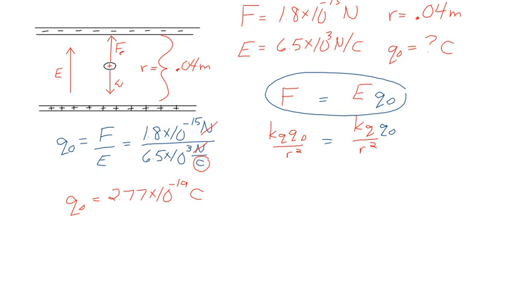Any questions with that? Now, that answer really doesn't make sense knowing what we know about an electron, that the charge of an electron is 1.6 times 10 to the negative 19 coulombs. So this is somewhere between 1 and 2 electrons, and you can't have half of an electron or a quarter of an electron. I got this number just by randomly making up numbers for what the electric field intensity and the force would be.